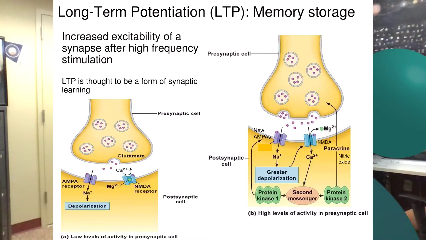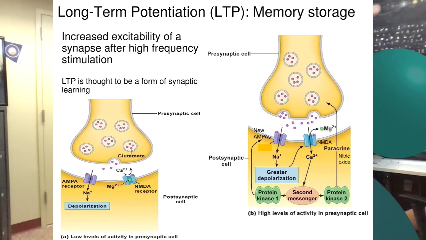So one of the things that one protein kinase does is it ends up stimulating the DNA to create more AMPA receptors. So more AMPA receptors get inserted in the postsynaptic cell membrane, so therefore it becomes more sensitive to glutamate. And it actually depolarizes more quickly, right? More receptors means more sodium ions that can enter, and so it can depolarize more quickly. That's more sensitive.